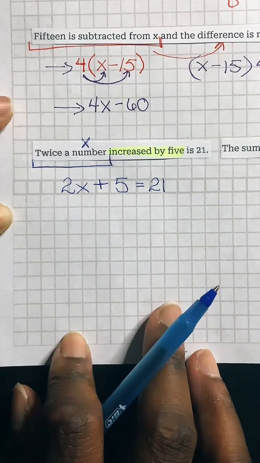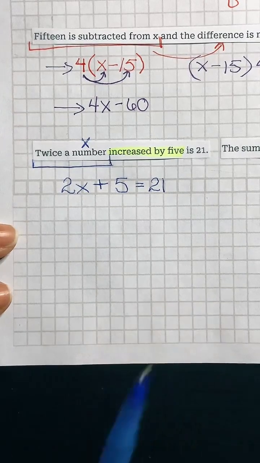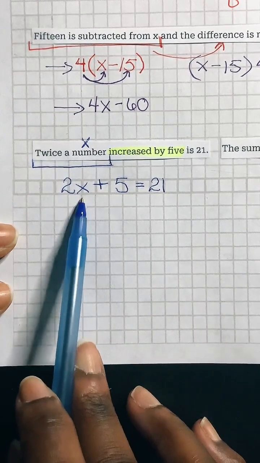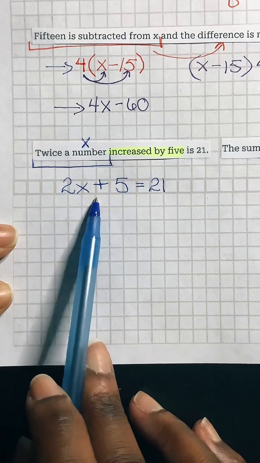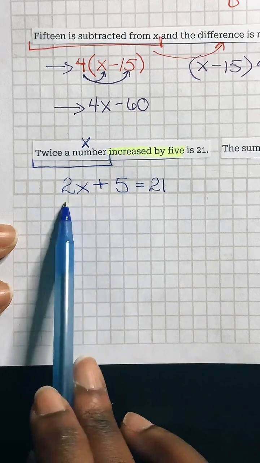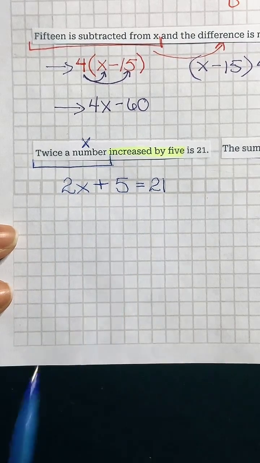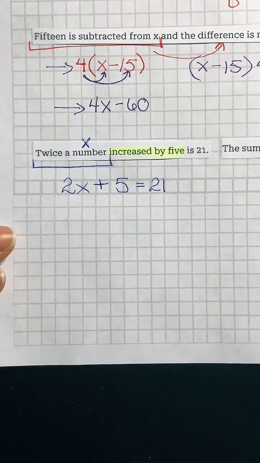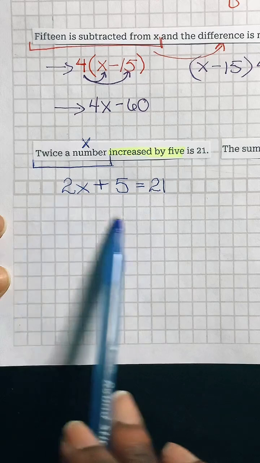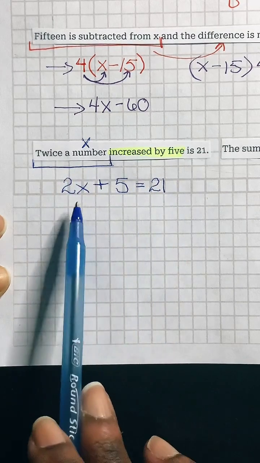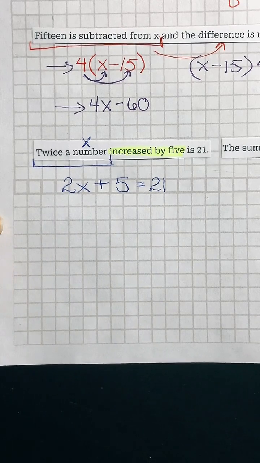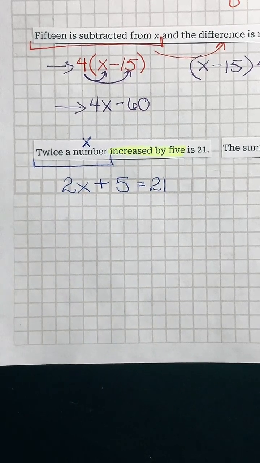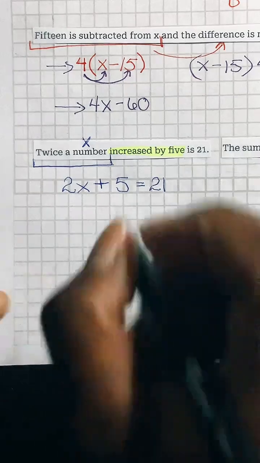All right. So now, I want to know what this mystery number is. How can I get this mystery number? So I have 2x plus 5 equals 21. When I'm solving the equation, I want to isolate my variable. Remember, the equal sign is like a barrier.